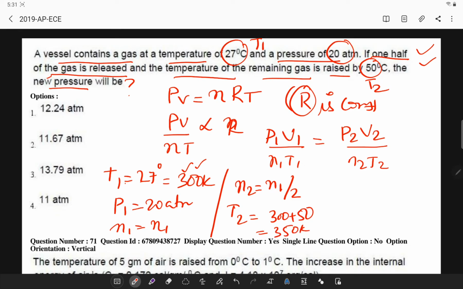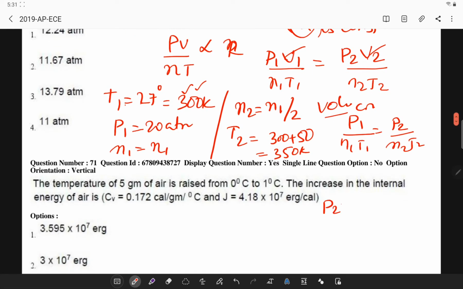So now I substitute here. Since volume is constant, V gets cancelled. So P1 by N1 T1 is P2 by N2 T2. If I rearrange the terms, P2 will be P1 by N1 T1 into N2 T2. So P1 is 20, N1 is unknown, T1 is 300, N2 is again N1 by 2 and T2 is 350.